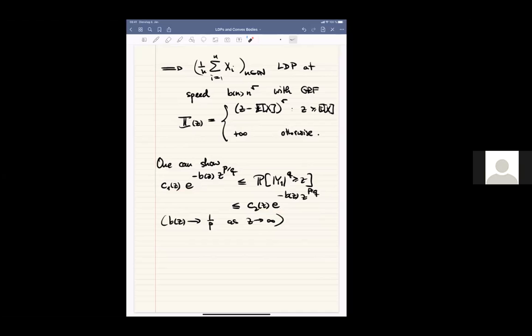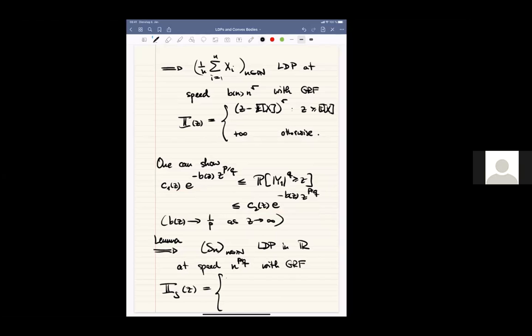So we get an LDP for Sn from the lemma. Sn, and an n, satisfies an LDP in R at speed n to the p over q. So it's slower, with good rate function looking as follows: 1 over p.